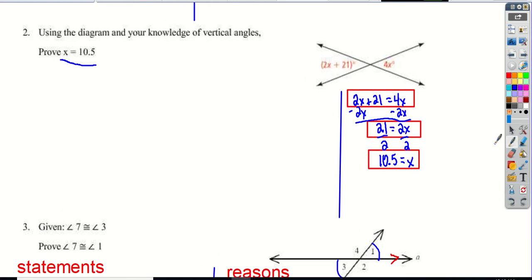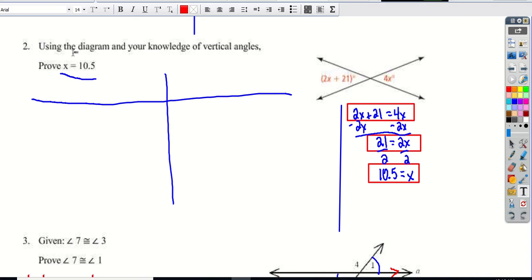So let's actually do the proof. How do we do a proof again? First thing we do is a T-chart, right? So let's do the T-chart. We put statements on the top, and reasons on the top of the other one. And we put our givens down.